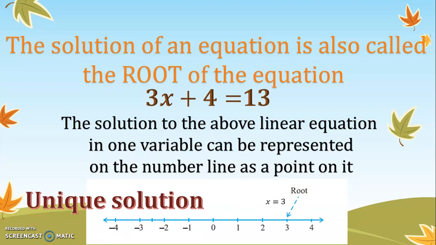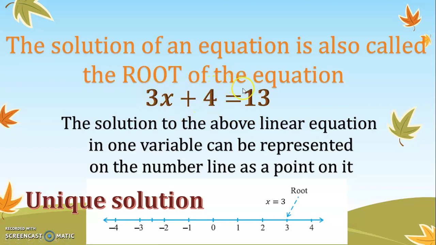Another thing about the solution of a linear equation in one variable is that this solution is unique. So if we try to fit in any other value for x, this equation won't hold true. Suppose I take 5 and instead of x I put 5, I'll get 3x would be 15 plus 4, 19 is equal to 30, which is not correct, which is false.